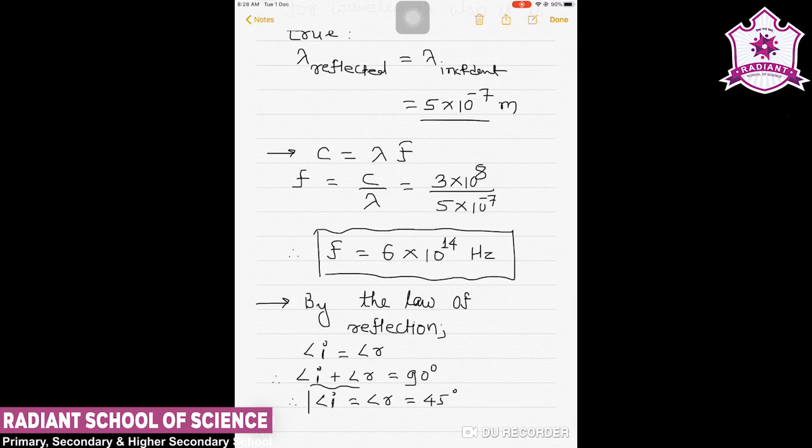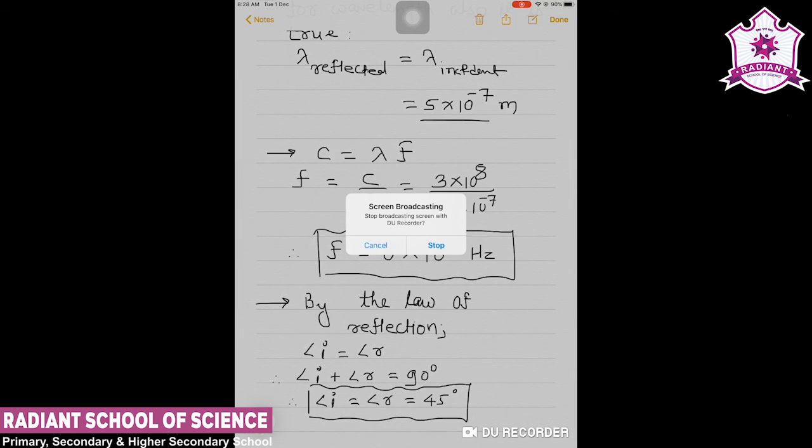That will be the answer in our case. That's it from chapter number 10.